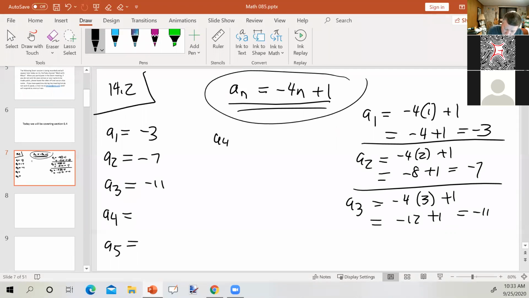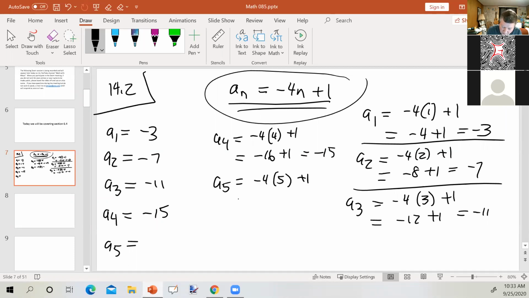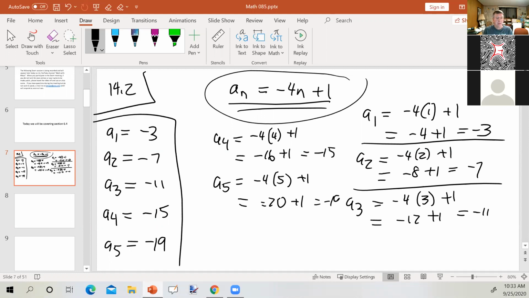Let's see, a sub 4 would be -4 times 4 plus 1, which is -16 plus 1, or -15. And a sub 5 is -4 times 5 plus 1, which is -20 plus 1, or -19. So there are your answers.